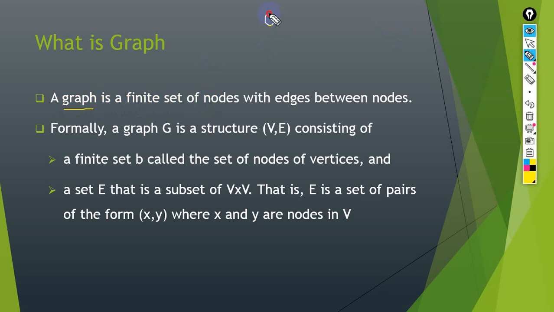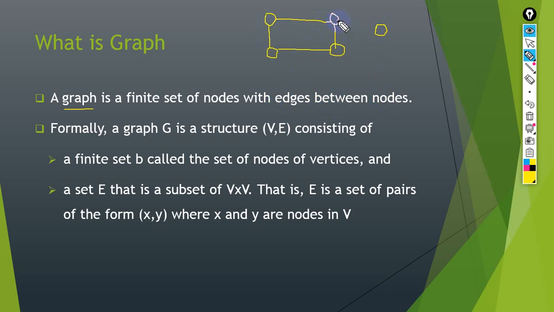So we can say a graph will be a finite set of nodes. We are representing the nodes by using circles just like this. Here we will have different nodes in a graph, with edges between nodes. If we want to connect these nodes with each other, they will be connected through edges.